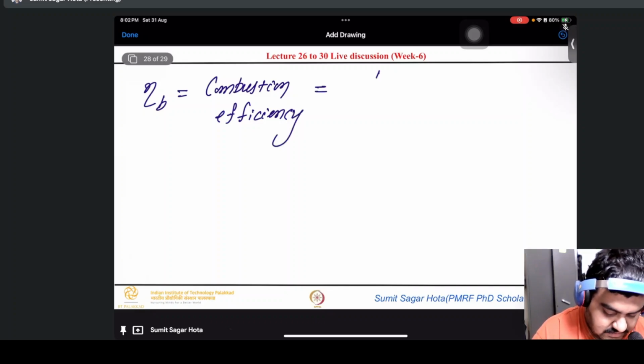Combustion efficiency is equal to F by A theoretical divided by F by A actual.